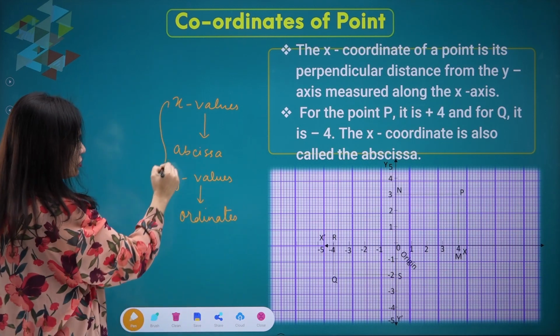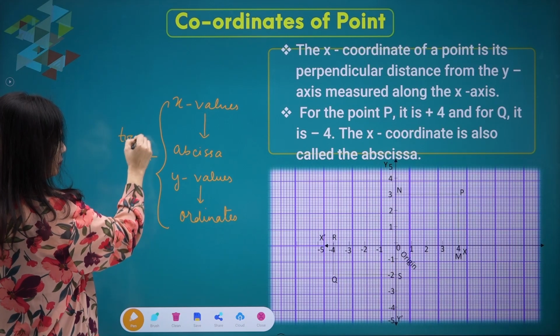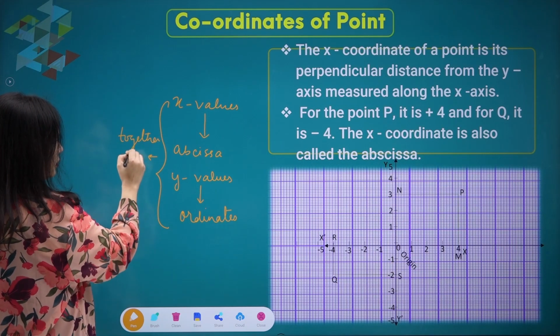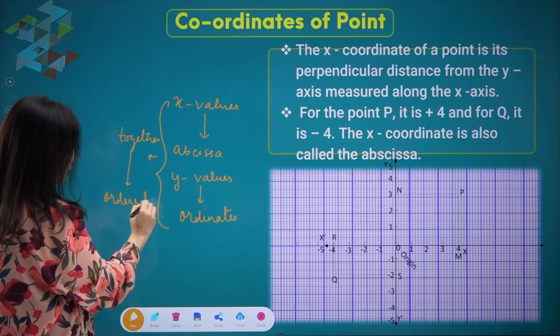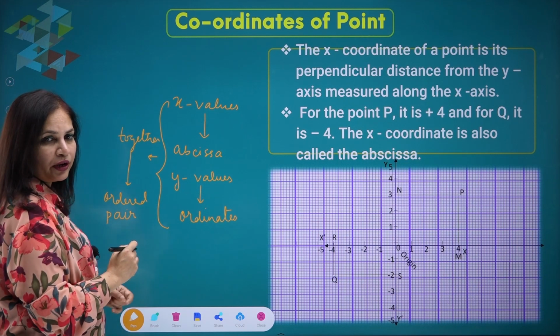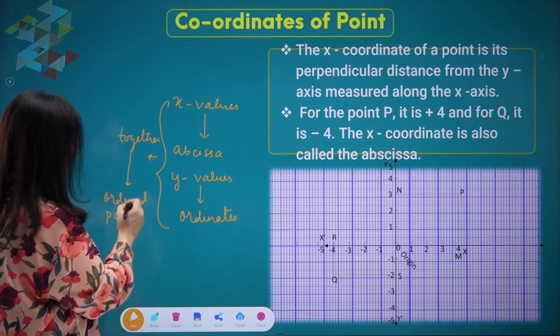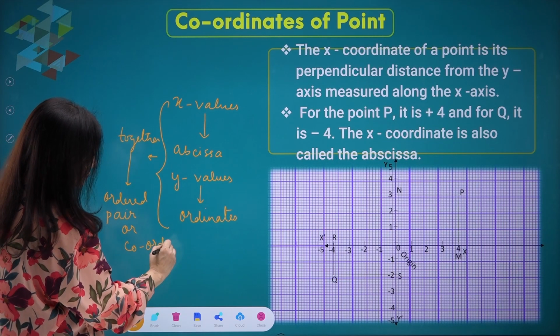And both together are known as ordered pairs. See, the word ordered pair is very important. And why do we use it? I'll discuss that. Ordered pair or coordinates.